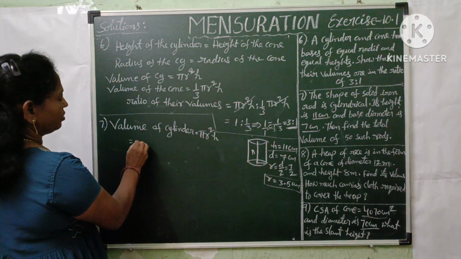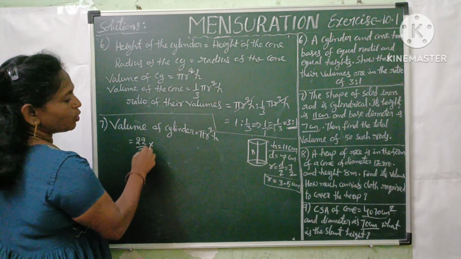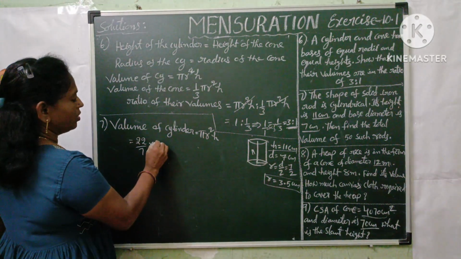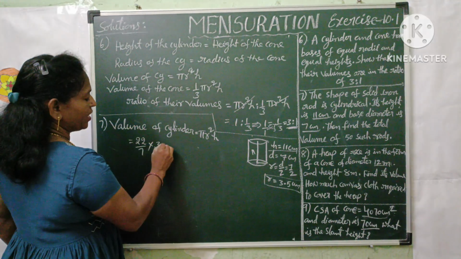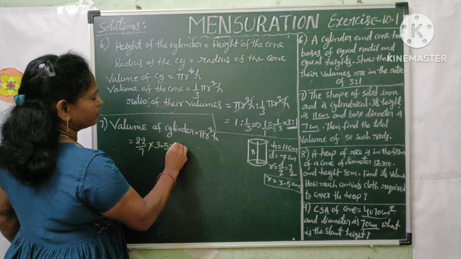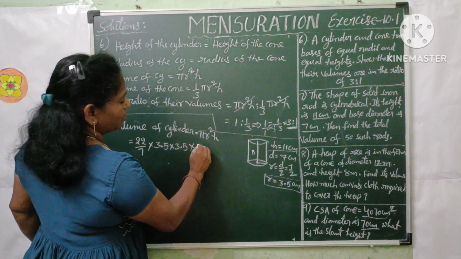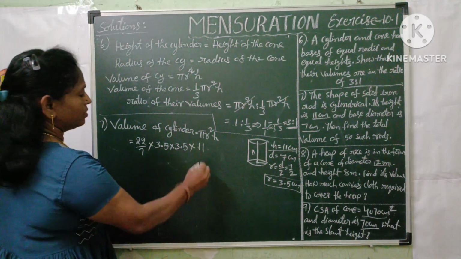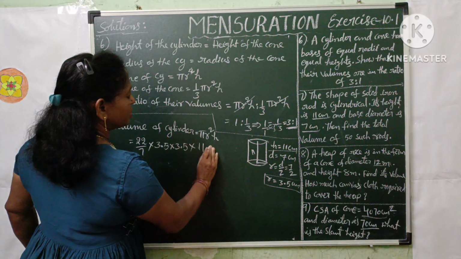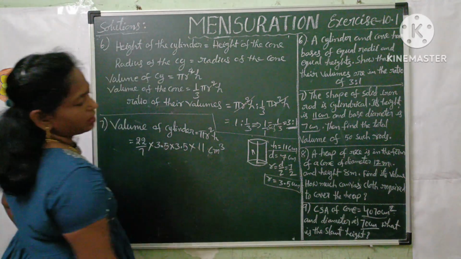This is the volume of the cylinder. That is equal to pi value 22/7 into radius 3.5. We have to write a square, meaning 3.5 into 3.5, into height 11 centimeters. So here volume means cubic units, cubic centimeters. Right.